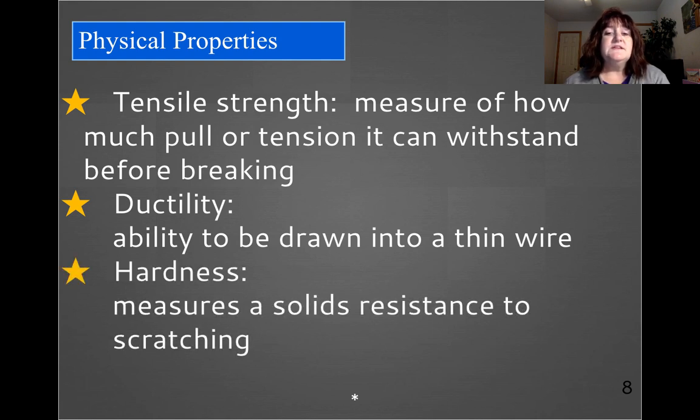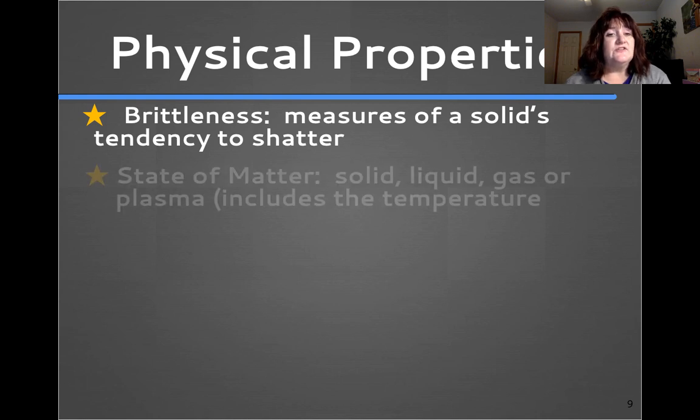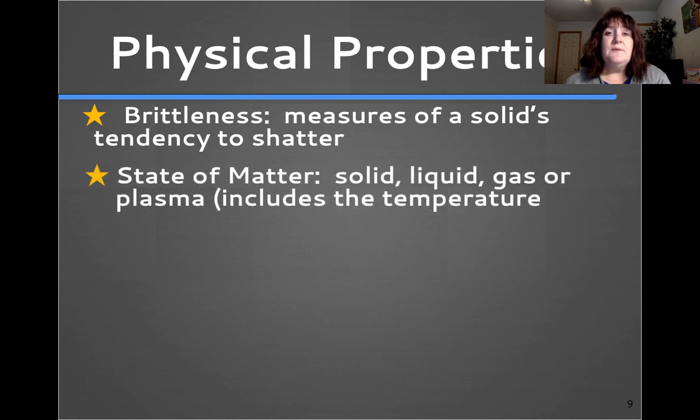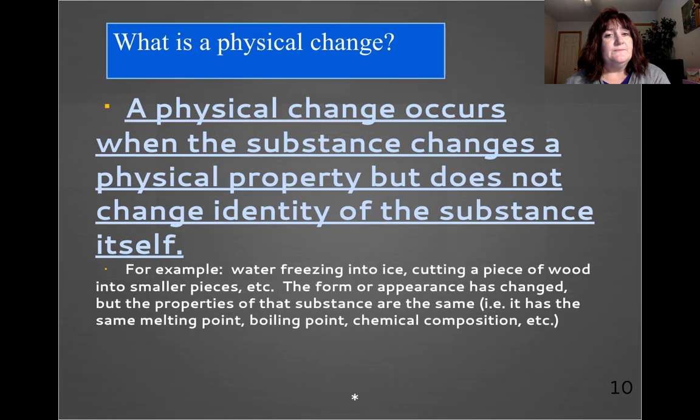Hardness is a measure of a solid's resistance to scratching. Brittleness is a measure of a solid's tendency to shatter. The state of matter, remember, is from 1.1, which is solid, liquid, gas, and plasma, and includes the temperature. And then odor is how does it smell right now, meaning what is its current odor.